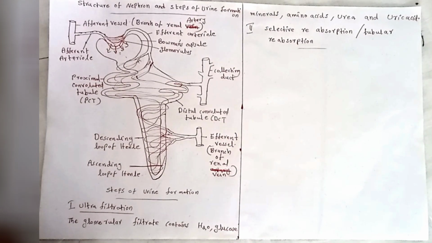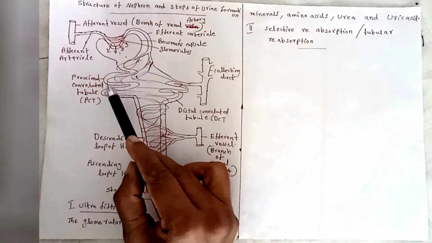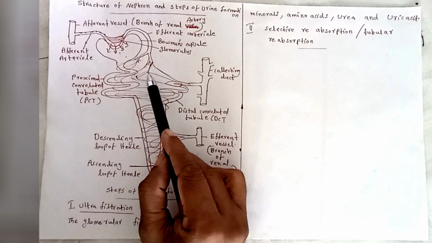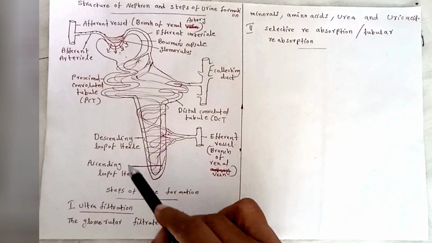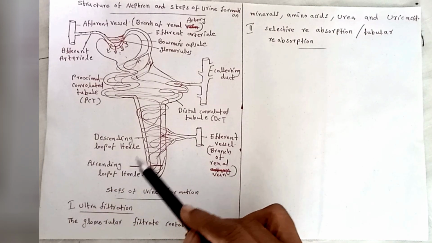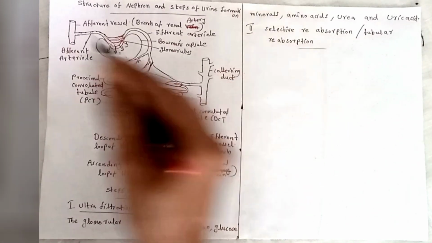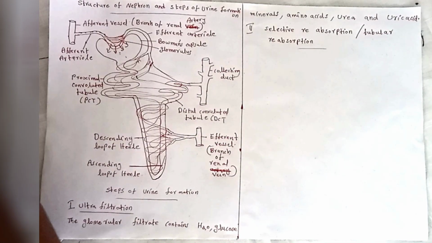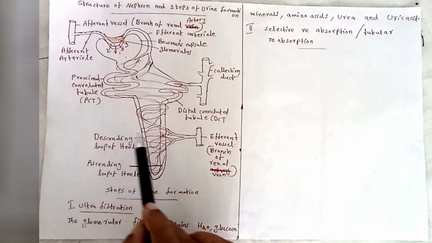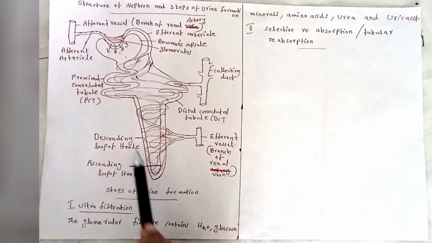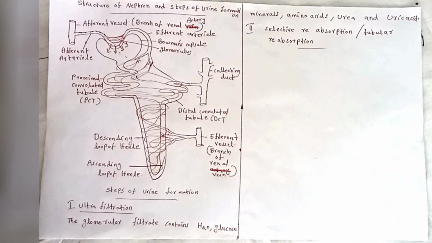Here the capillary passes over the nephron. The blood capillaries passing over the nephron absorb the following substances at different areas.